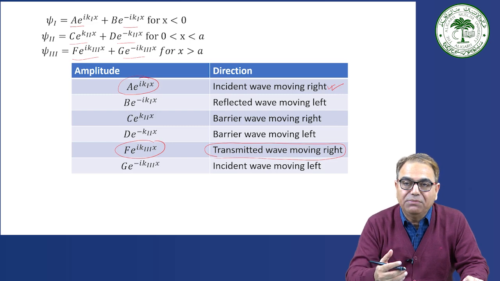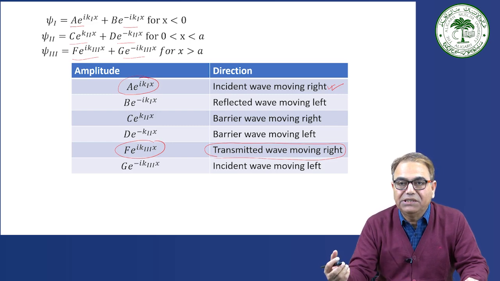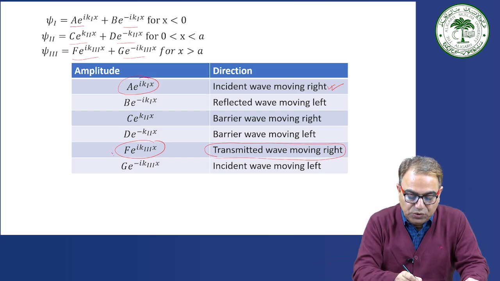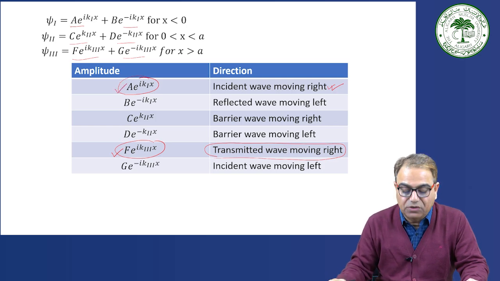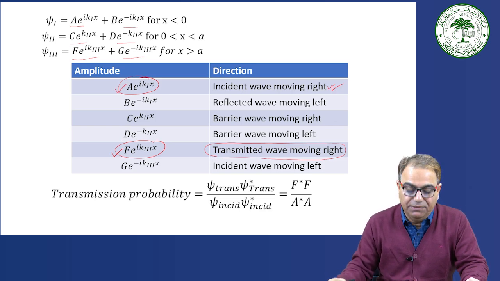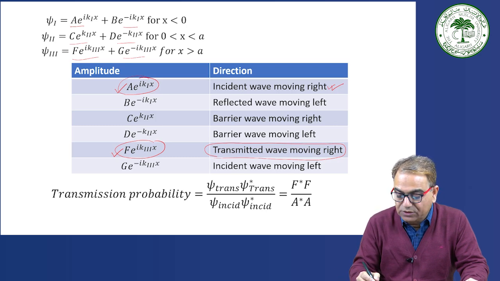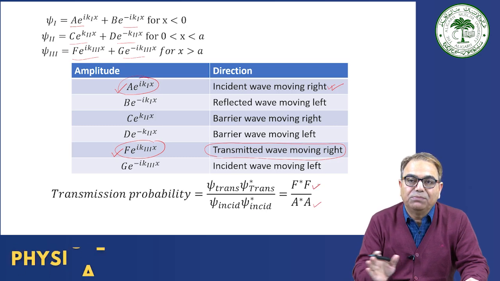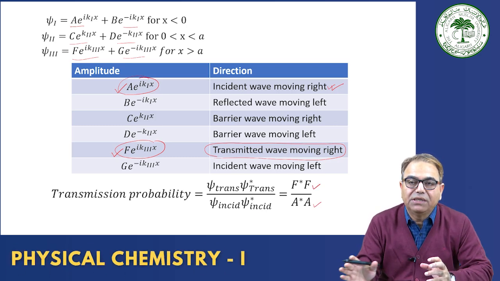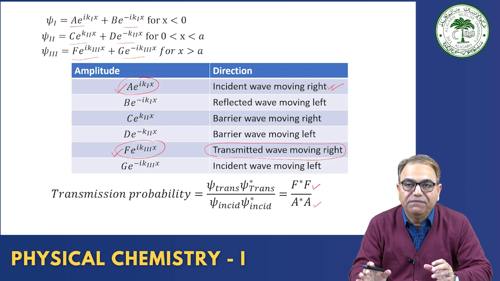How much of the particle, because of its wave nature, is crossing this energy barrier is given by these two terms only, f and a. The ratio of the two is called transmittance or transmission probability. So transmission probability is actually f star f divided by a star a, and this we have to find out, to see whether it is probable that the particle crosses the potential energy barrier because of its wave nature or not.